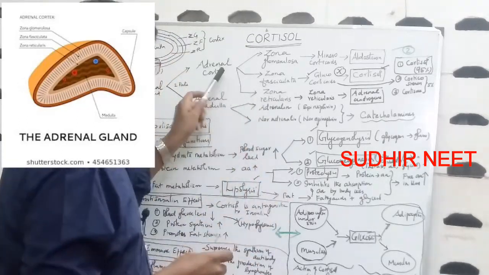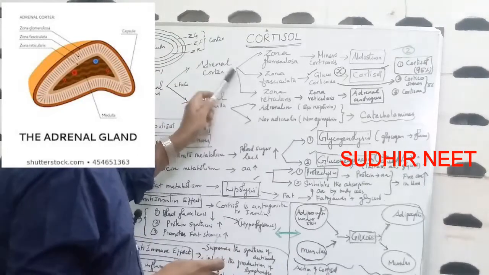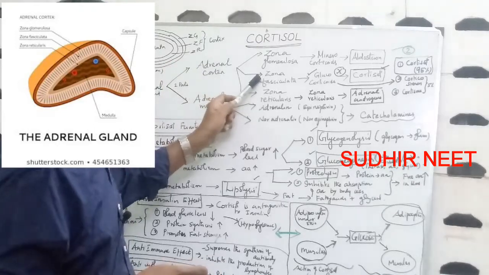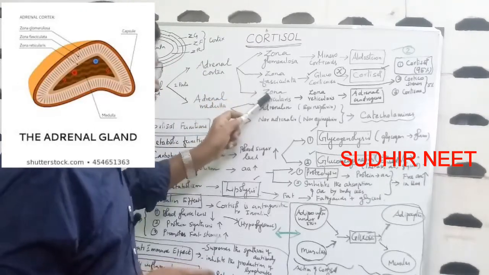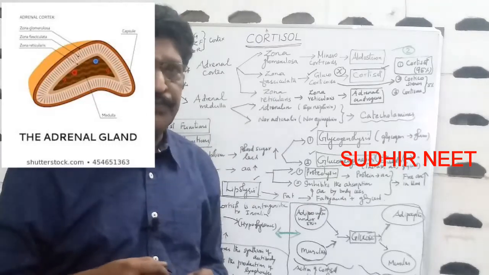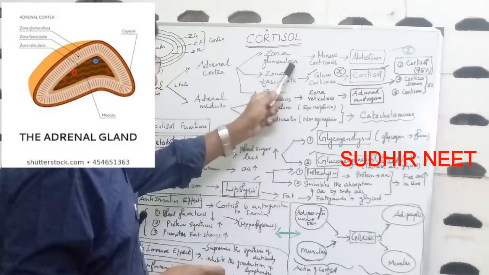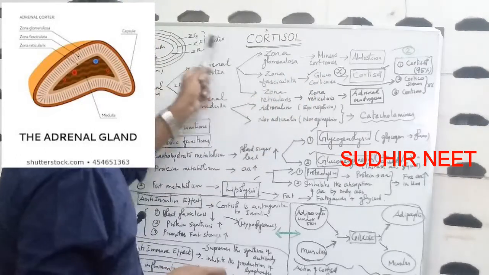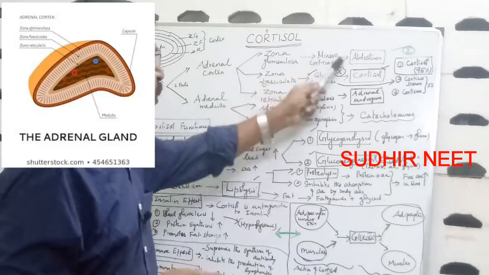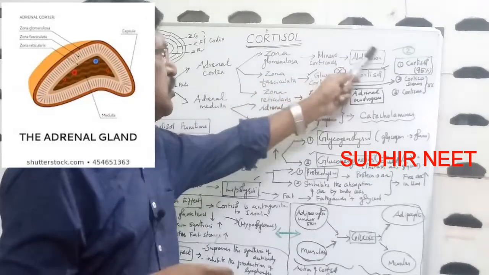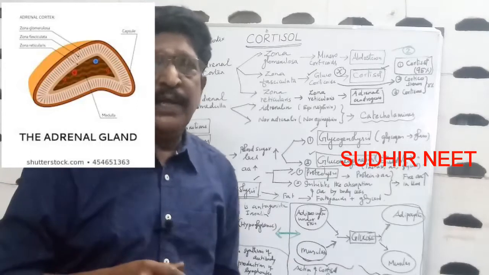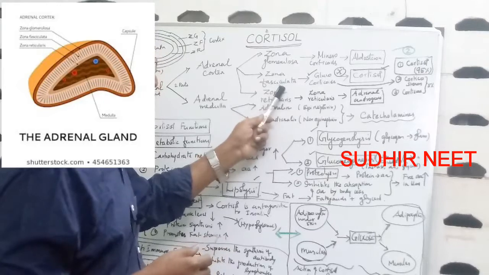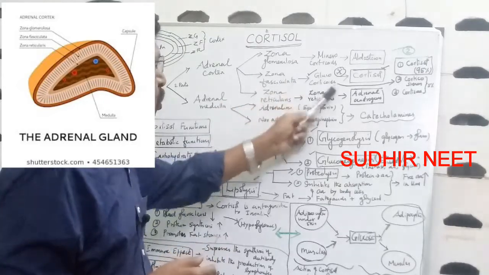The outer zona glomerulosa secretes mineralocorticoids, out of which aldosterone is a very important mineralocorticoid that we'll see in the next video. Zona fasciculata secretes glucocorticoids.